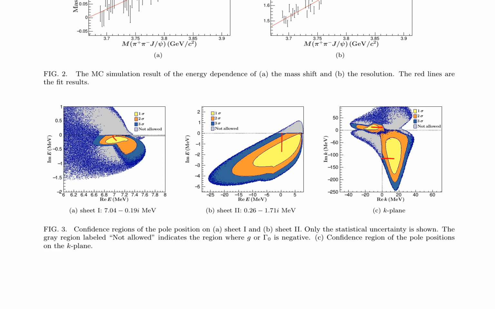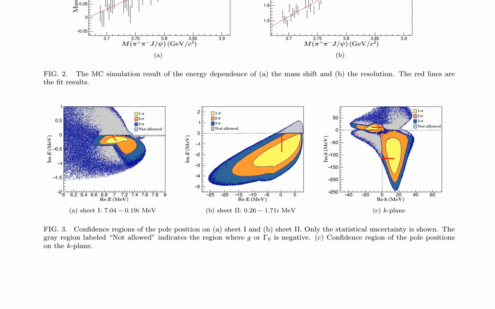Figure 3 illustrates the confidence regions of the pole position in the complex energy plane, with sheet I and sheet II corresponding to different Riemann sheets. The gray region labeled "not allowed" indicates the region where the product is negative, which is physically untenable. The confidence regions are shown for 1 sigma, 2 sigma, and 3 sigma, providing an estimate of the statistical uncertainty.